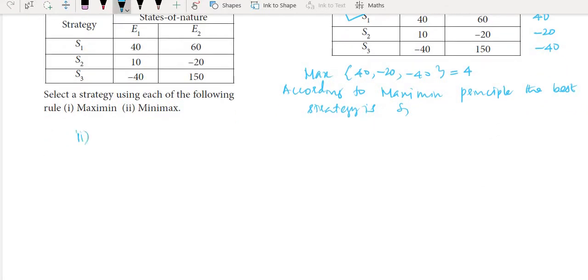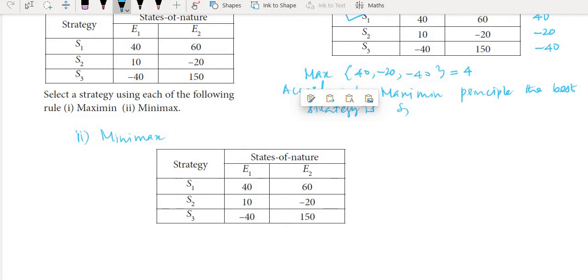Similarly, what do we mean by the min-max principle? Second one, minimax principle. Min-max stands for minimum among the maximum values. So for each strategy I am going to take the maximum state of nature payoff. For S1 the maximum is 60, and for S2 the maximum is 10, and for S3 the maximum is 150. If I take the minimum among 60, 10, 150, it is nothing but 10 here, which is of S2.